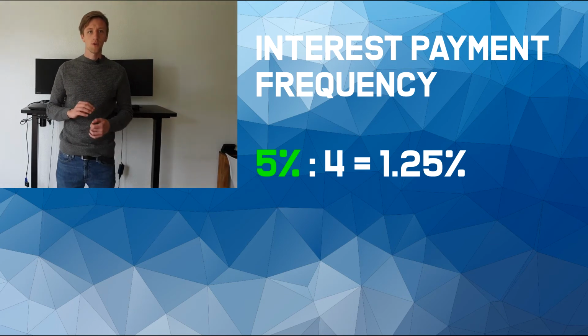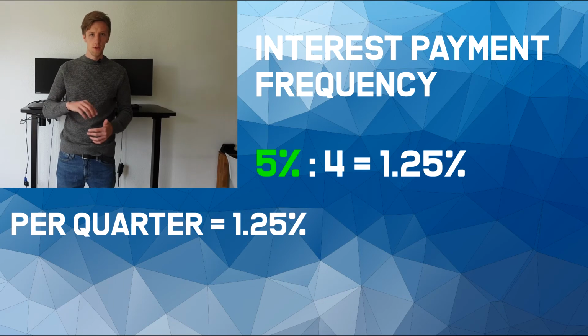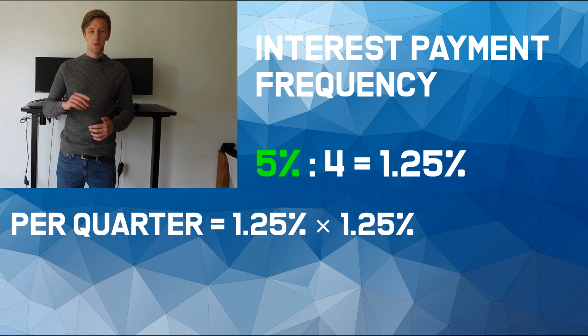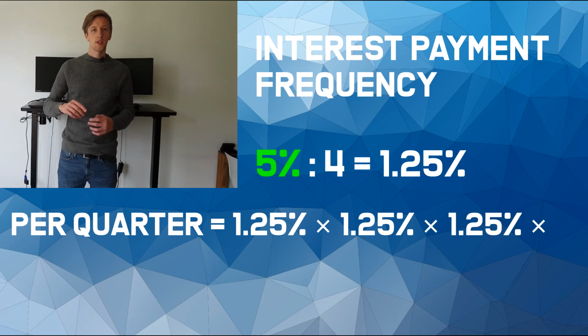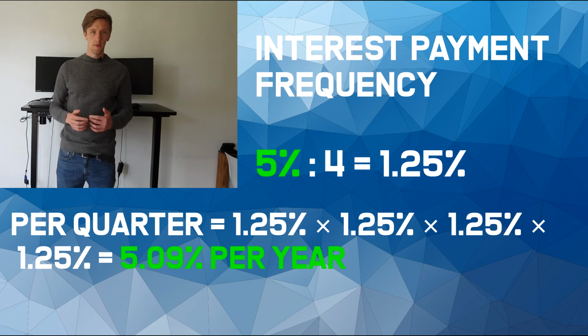If we now want to calculate the compound interest effect from quarter to quarter, we multiply 1.25% from the first quarter by 1.25% from the second quarter, and then we do the same for the third and fourth quarters.